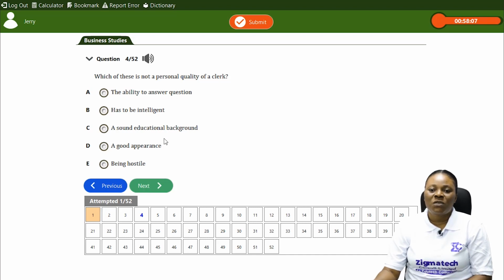Looking at all the options here, the only one that is odd is E, being hostile. Remember, I made mention of the point that as a clerical staff, you should be able to relate well with visitors and people that visit your organizations. Let's take another question.